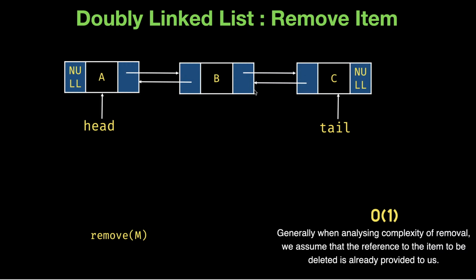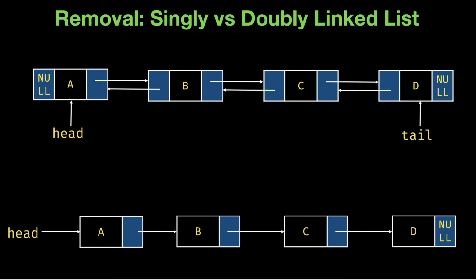So I will explain with an example. Suppose we have a doubly linked list here and a singly linked list here, and we are trying to remove the node C. In the case of the singly linked list, we are assuming for removal that the reference to C is already provided to us. Let us assume that the reference to this node as well as this node is already provided.